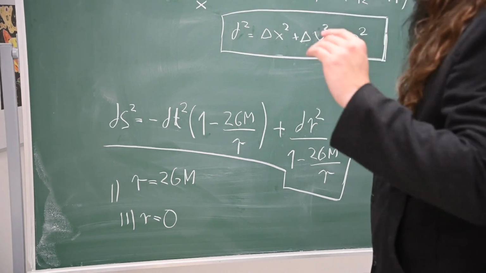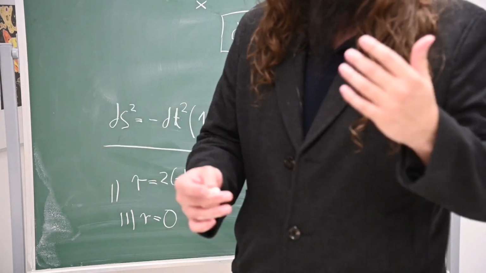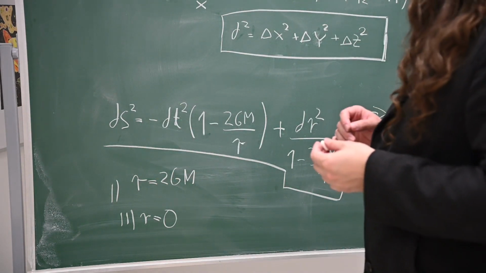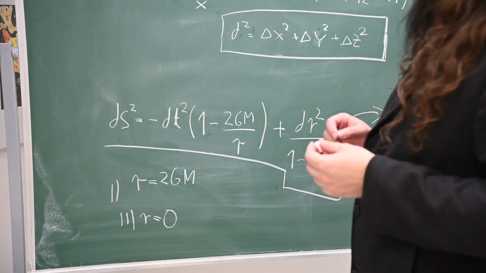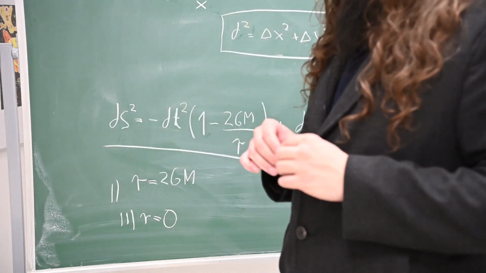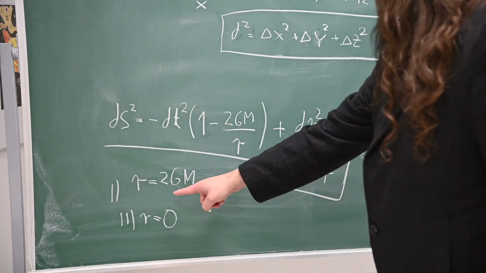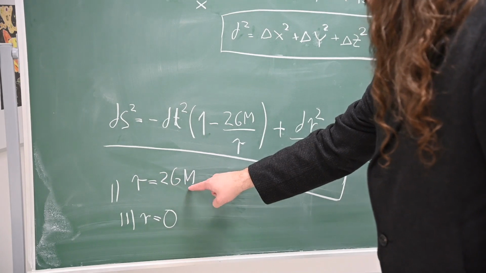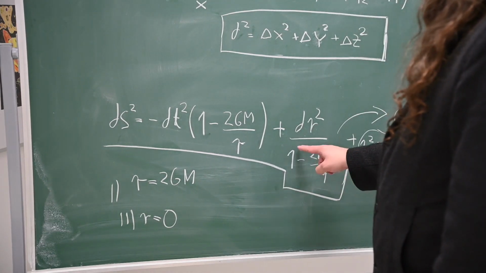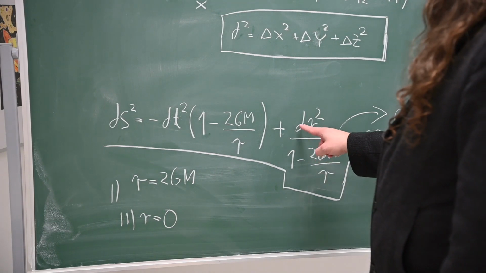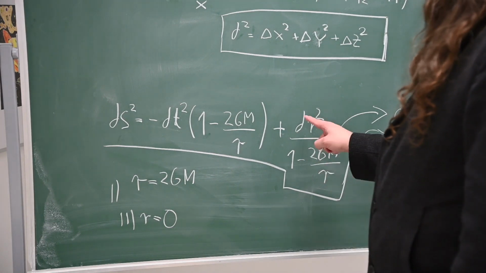After a huge debate and a series of different investigations, the conclusion that was reached, and which can be shown with some more sophisticated mathematics, is that this first point, r equals 2GM, where this whole thing blows up, actually corresponds to something which is called a horizon.